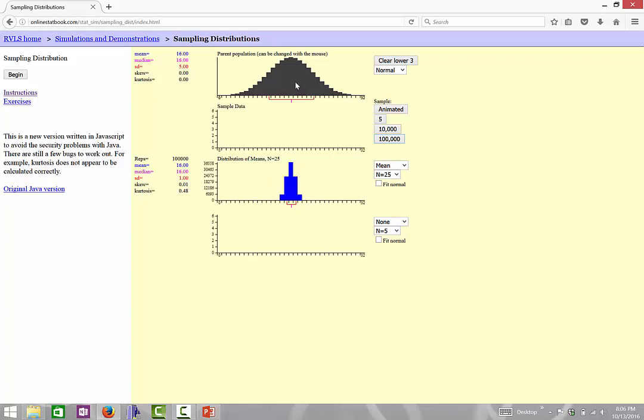Another thing we want to notice is that for each of these examples, the curve was centered in the same location. The mean remains 16 for each case. That's because the mean for the sample means is in the same place as the mean for the original curve in gray.